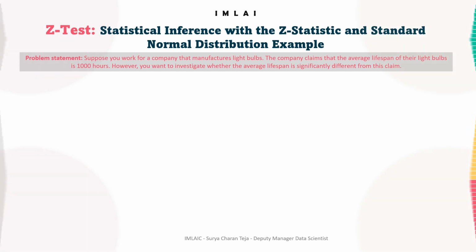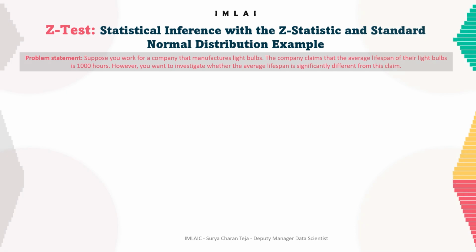The company claims that the average lifespan of their light bulbs is 1000 hours. However, you want to investigate whether the average lifespan is significantly different from this claim. So this is the problem statement.